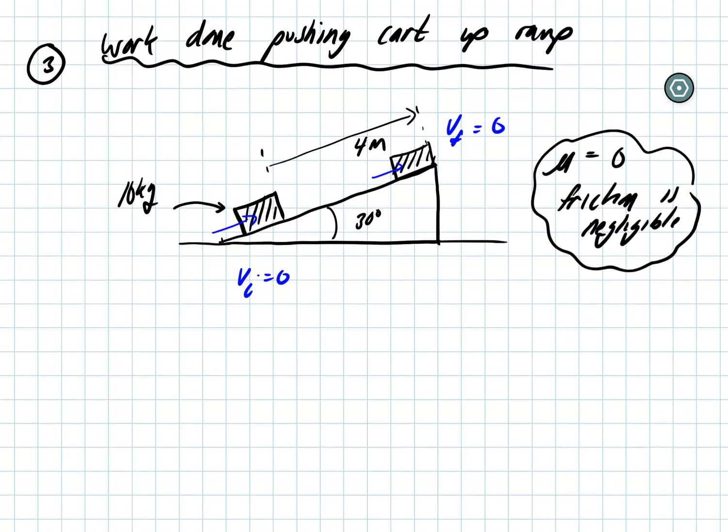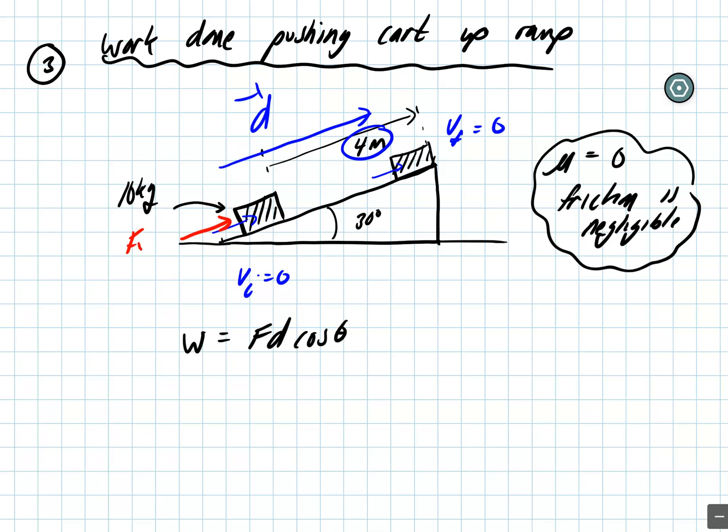All right, so the work is going to be F D cosine theta. So let's think about what the D vector, of course, is going to be. That's going to be your 4 meters. Your force is going to be your force.